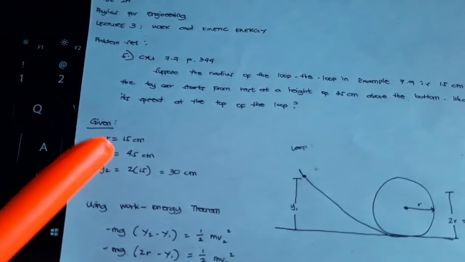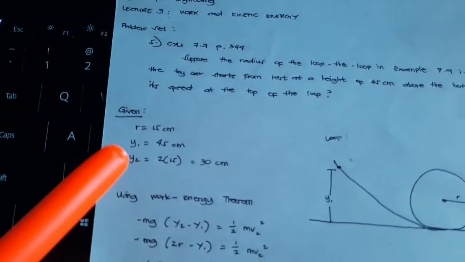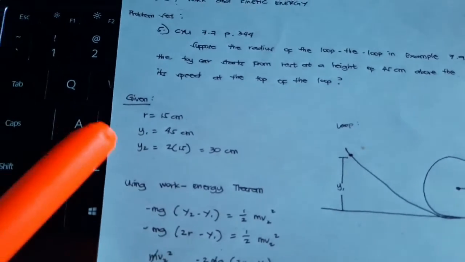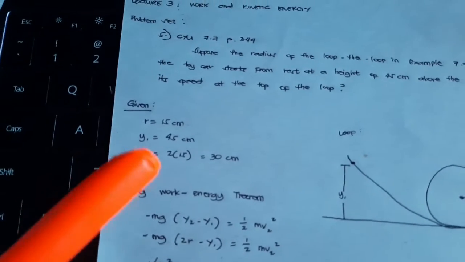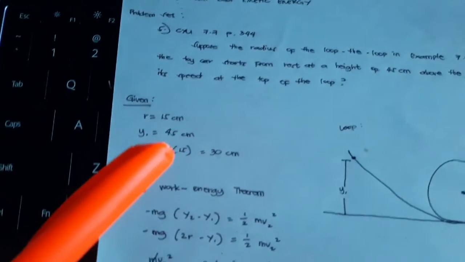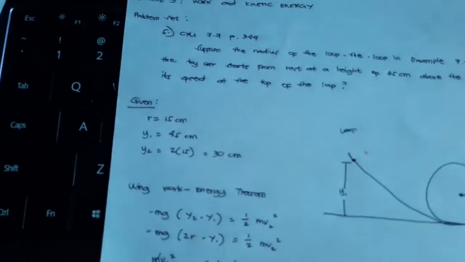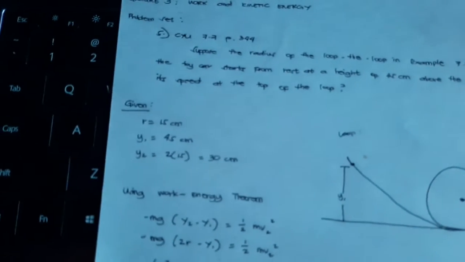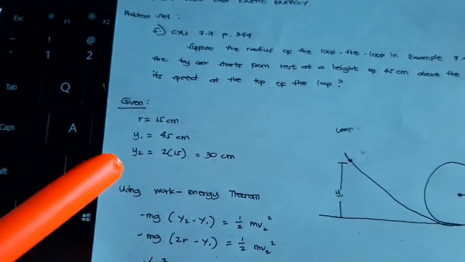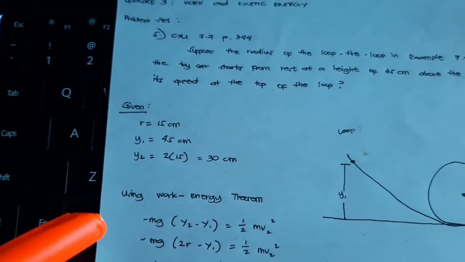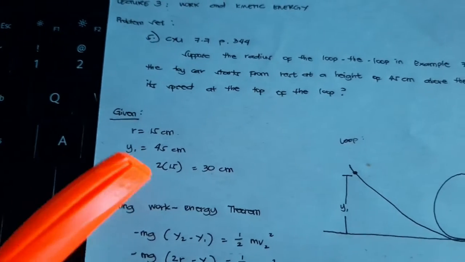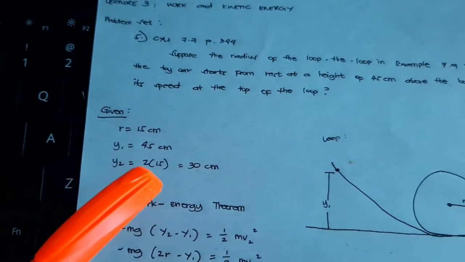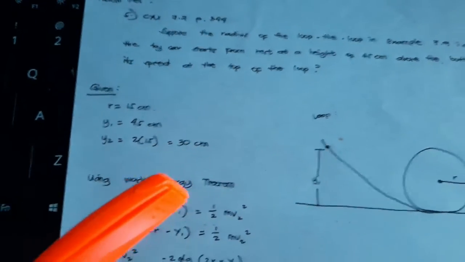R is equal to 15 cm. Y1, which represents the height above the bottom, is equal to 45 cm. Then y2 is the height of the loop, in which 2 times 15 is equal to 30 cm.